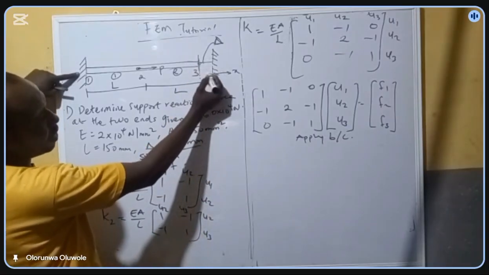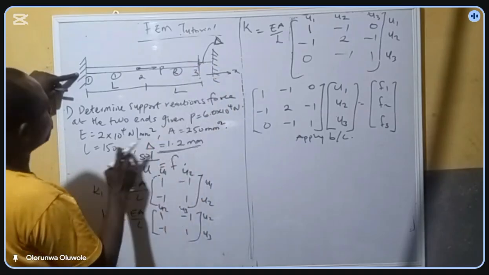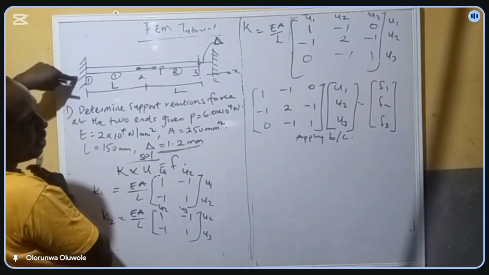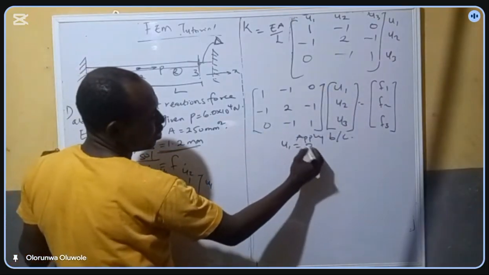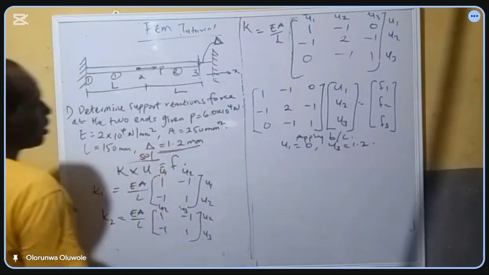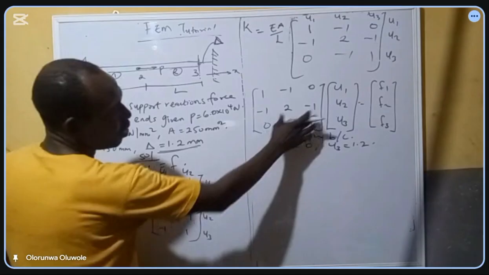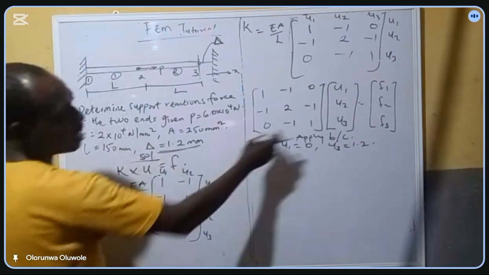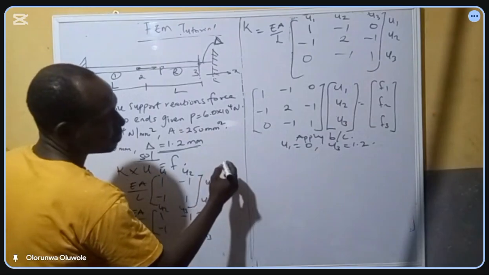So U1 equals 0, U3 equals 1.2. The question says find the reaction at both ends. So with this, let's put the values here and see what we're going to have.